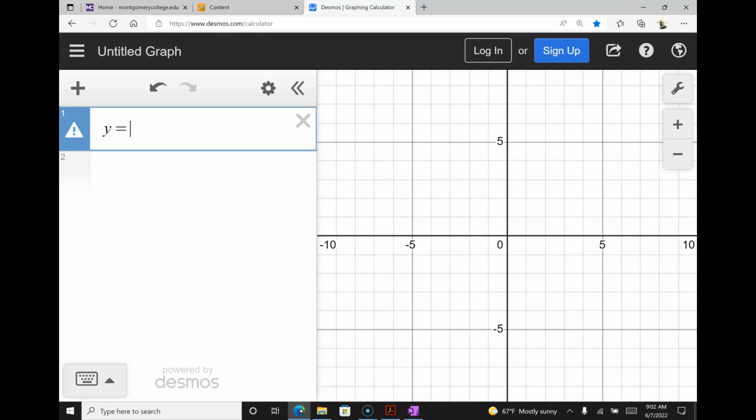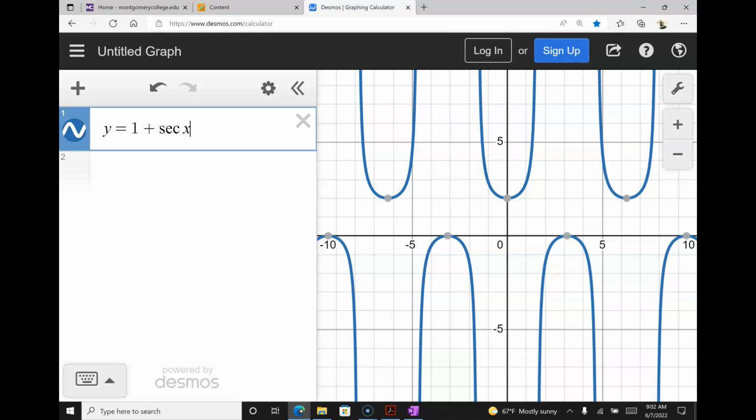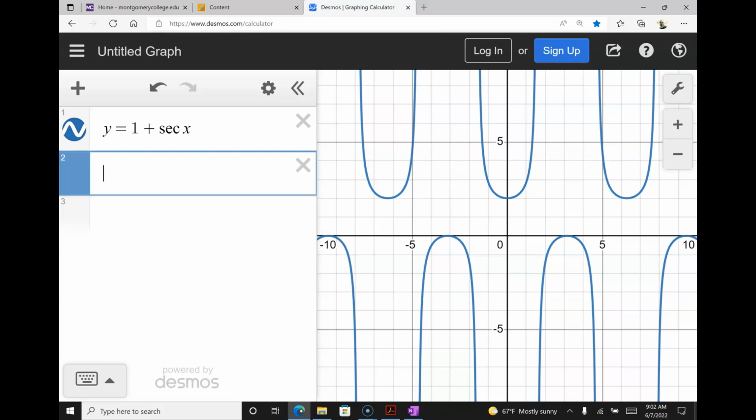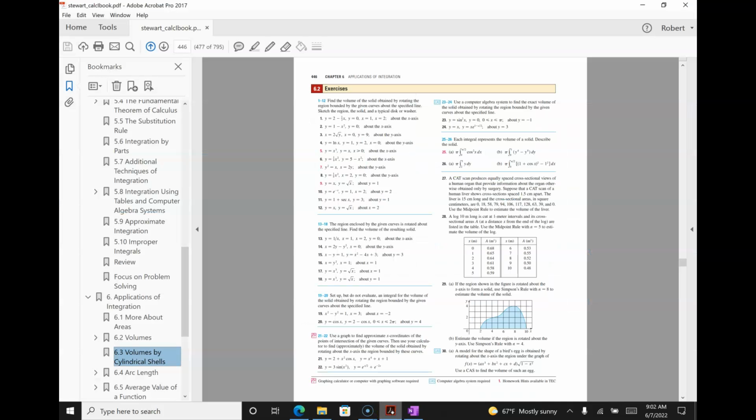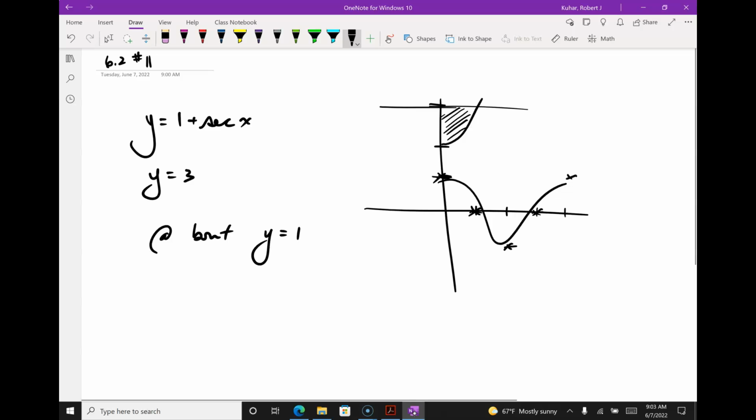So y equals 1 plus secant of x, and y equals 3. I think I actually want that whole region here. Now that I draw it again, I think I want this whole thing, because it's not telling me x is 0. Now that is symmetrical, so I can cheat it and just do half and then double my solution.